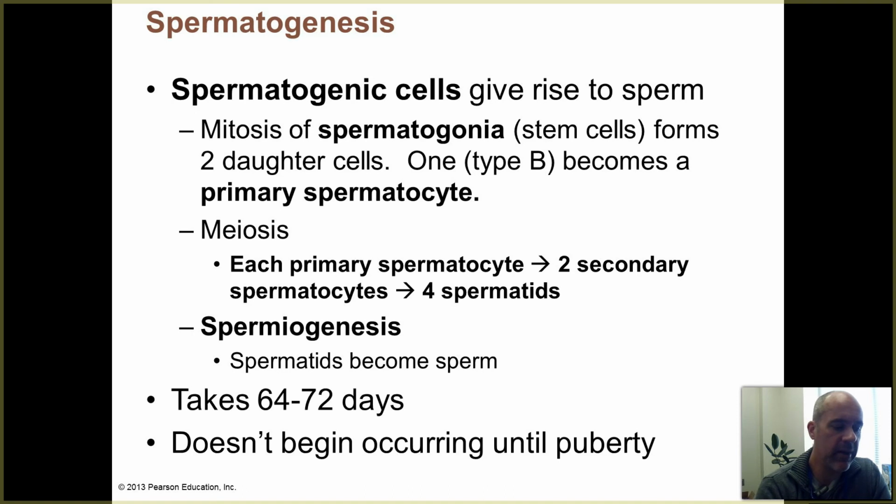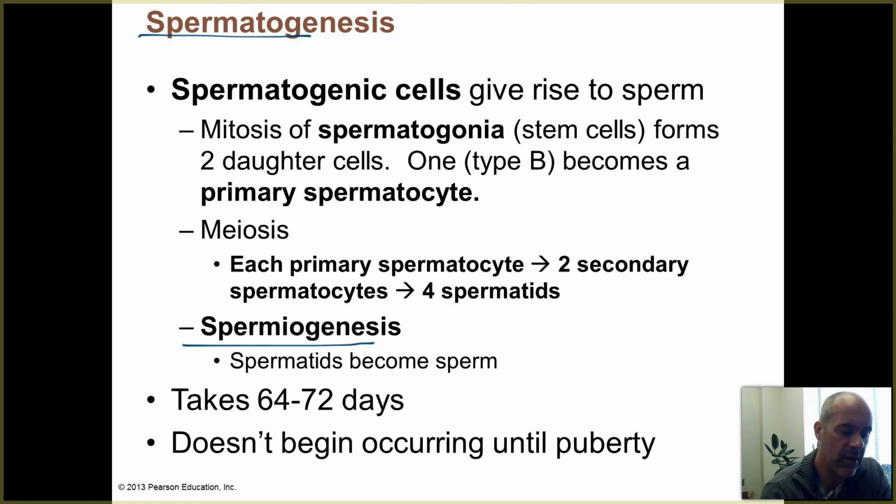All right, so spermatogenesis involves 2 different things that have to happen. One is we have to do meiosis. We're going to have to do meiosis 1 and meiosis 2 so that we get to these haploid cells. And then there's a second part called spermiogenesis. Unfortunately, the names are very similar.